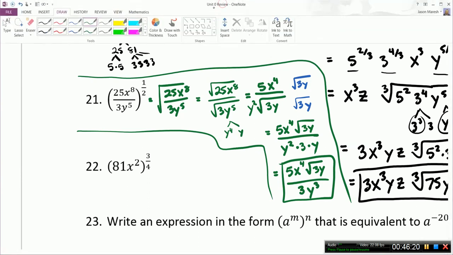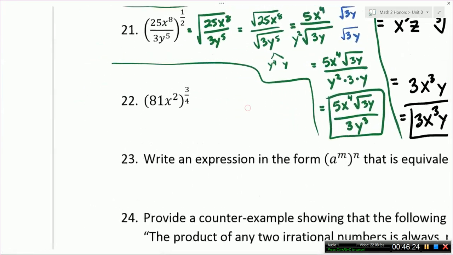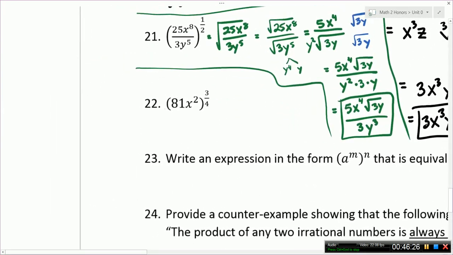Number 22. 81 is 3 to the fourth power. So if you recognize you're working with numbers that are powers of other numbers, change them. Usually simplifies the process.